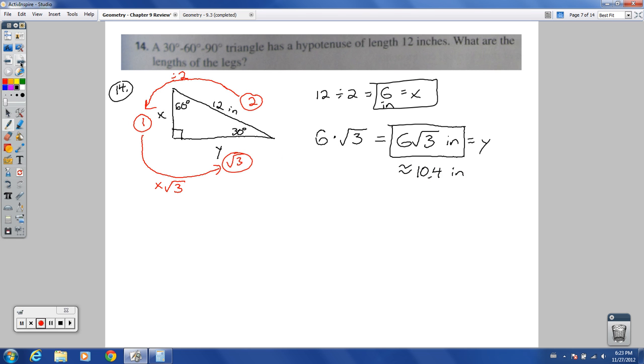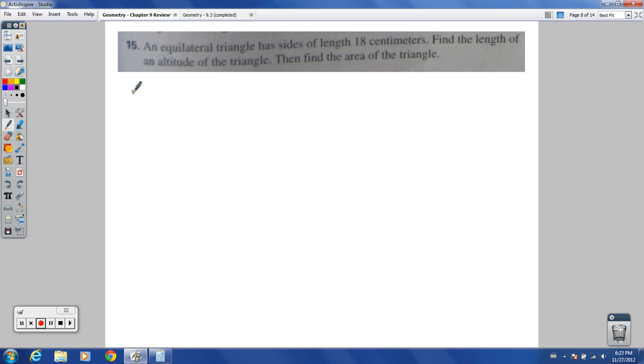Let's move on to number 15. An equilateral triangle now has sides of length 18. So draw your best equilateral triangle. You've got to draw the pictures with these, otherwise it's really hard to visualize what's going on. I'm drawing that in there because I realize that I need to find the altitude.